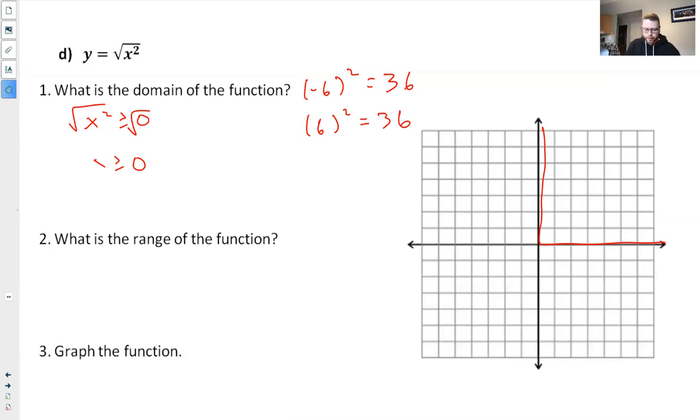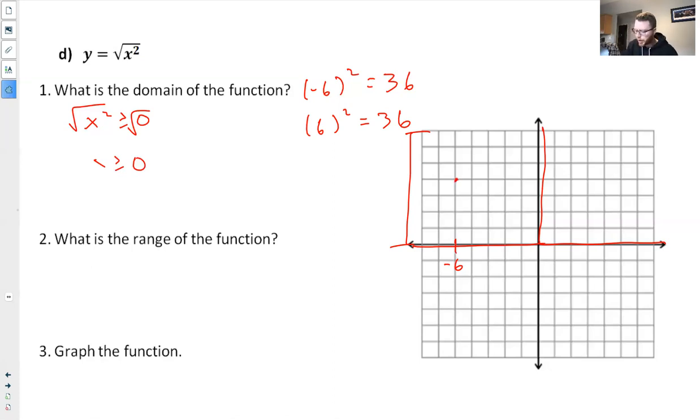Okay, so let's go ahead and graph this. So the square root of x squared. Okay, so for any x value that is negative, it is going to be positive. So our graph is only going to belong in this range up here, right? If our x is -6, our y coordinate is going to be also 6, right?